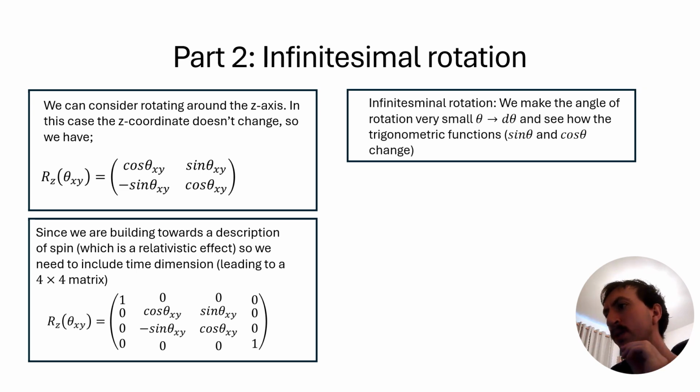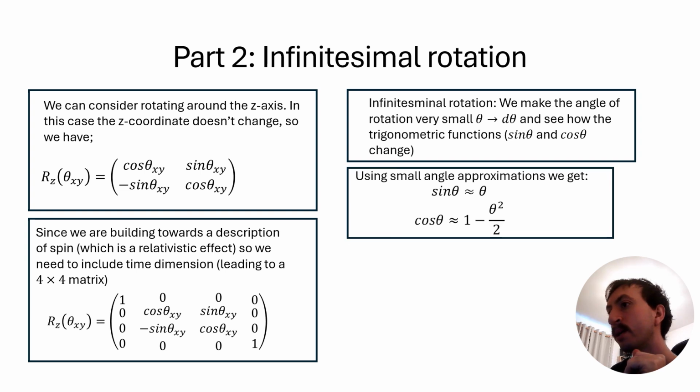Now, if we want to get infinitesimal rotations, we just want to replace theta with d theta, where d theta is an infinitesimal angular displacement. But our rotation matrix doesn't contain theta, it contains functions of theta, so we need to work out what happens to these functions as theta gets really small.